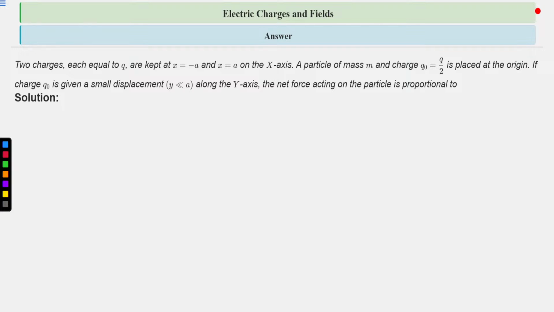Now the F net we have found out: F net is 2kq (q by 2) into y upon (y² plus a²) raised to power 3 by 2.